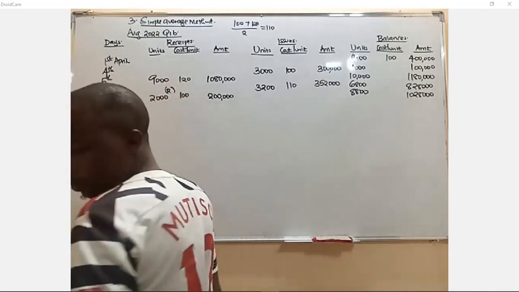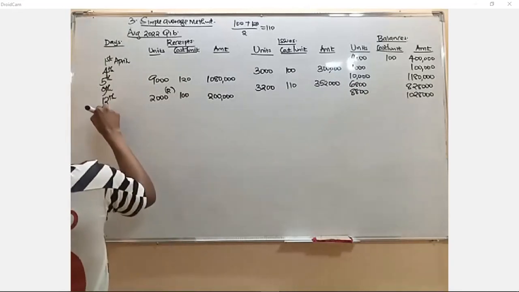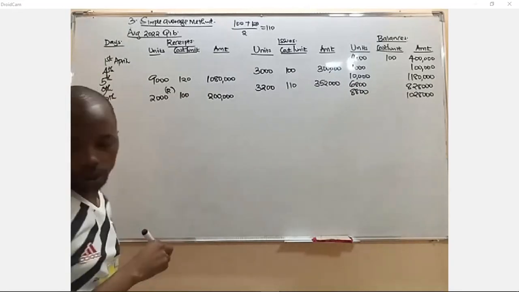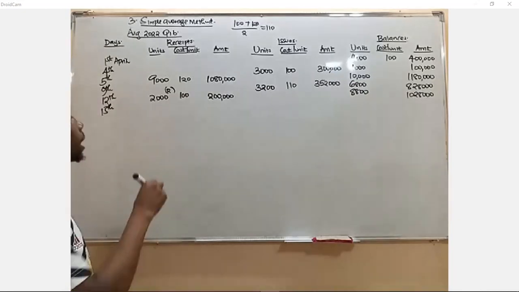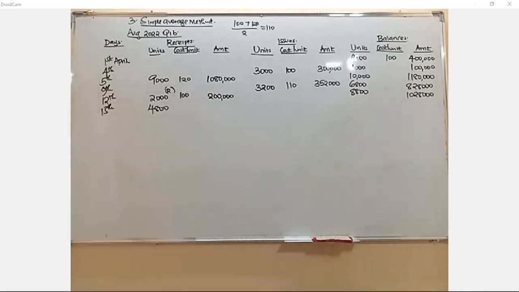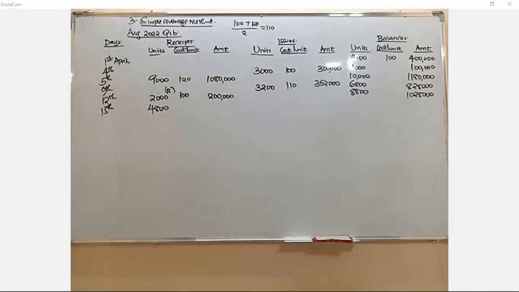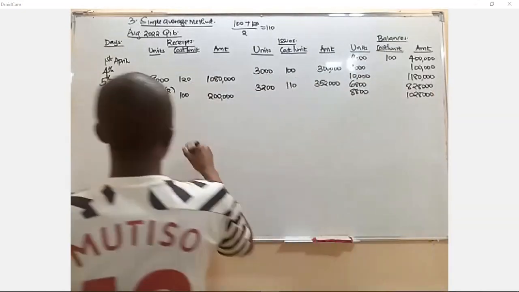Now from 12, we have date 15. Purchase 4,800 at 130. 4,800 by 130 is how much?